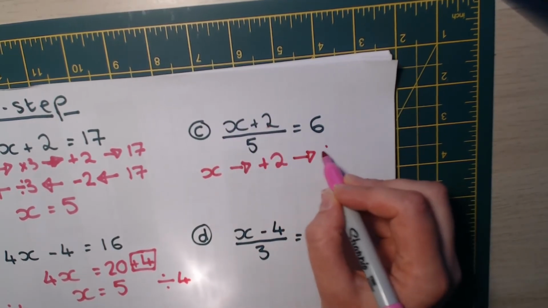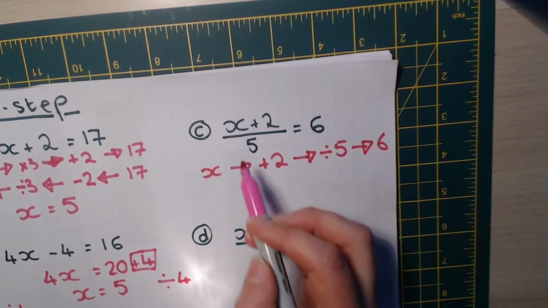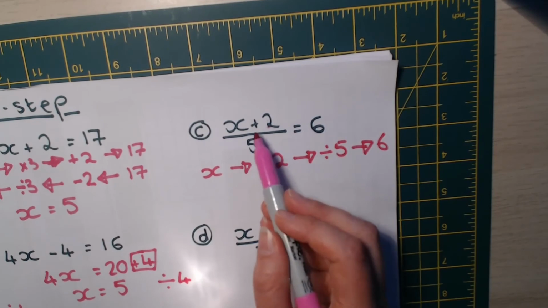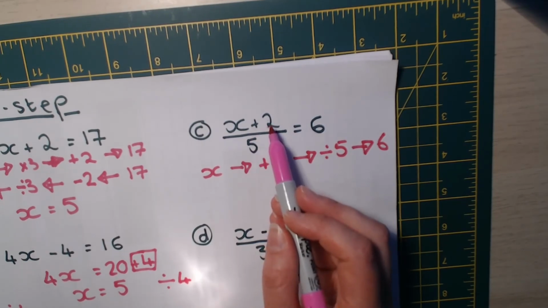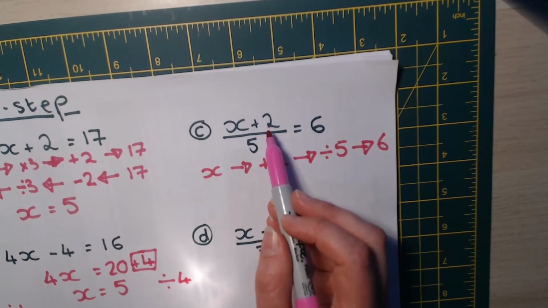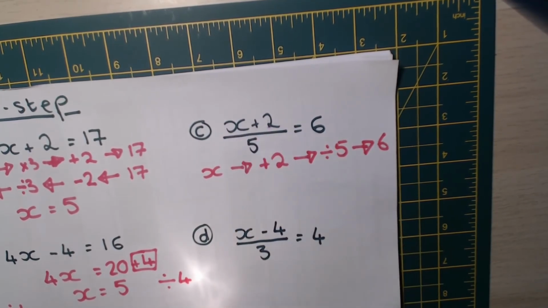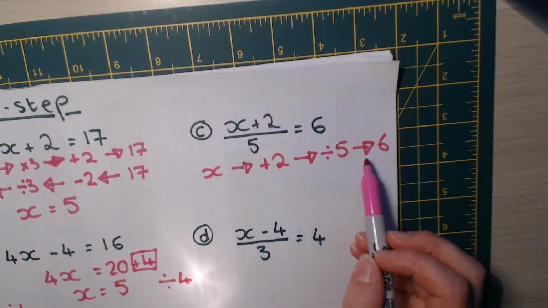Now have a think about that, and 6 comes out, because if we divided by 5 first, it wouldn't work. What about the 2? Because the 2 has to be divided by 5 as well. So the first thing we're doing is adding the 2 and then dividing by 5. So that's what's happening there.